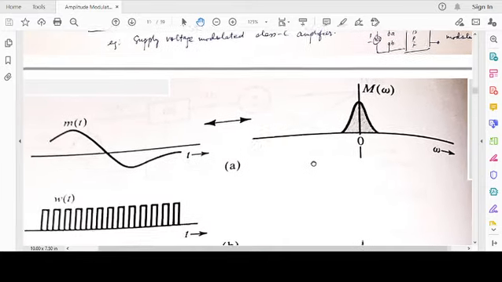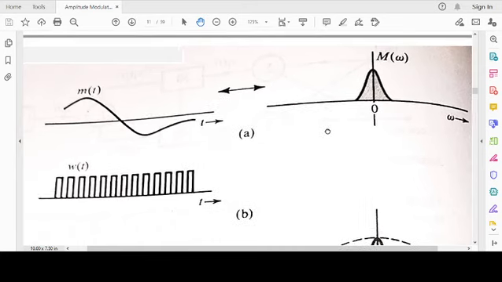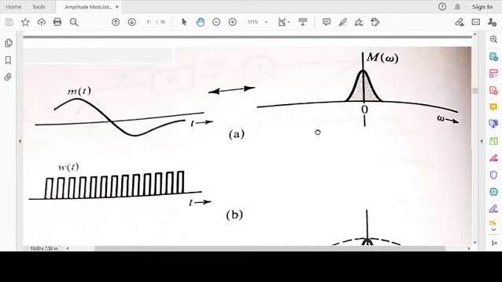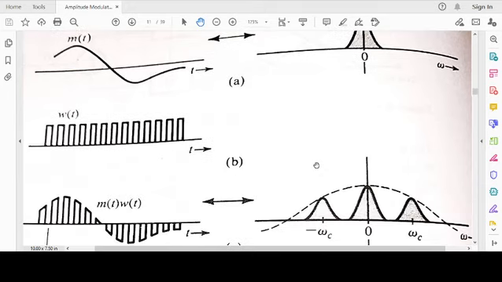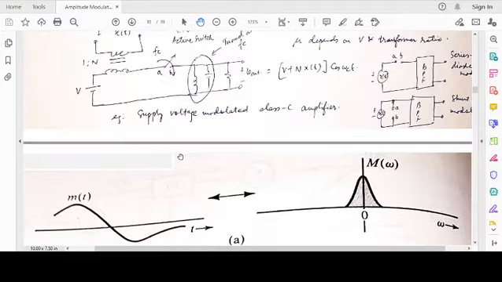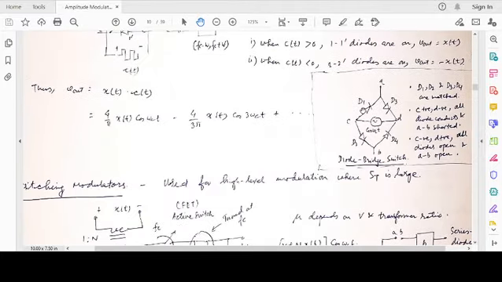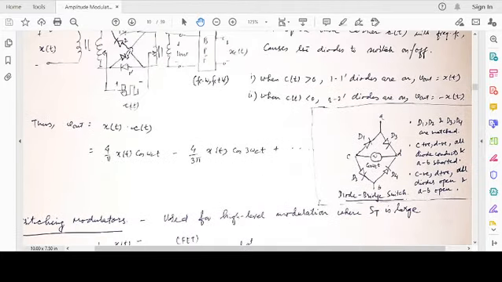Okay, so now let's see how the bridge modulator output looks. You have m(t) signal whose spectrum is like this, M(omega).